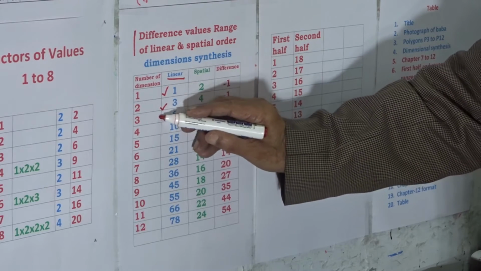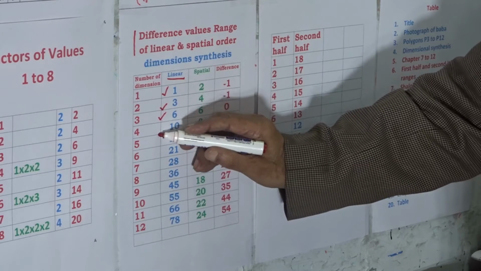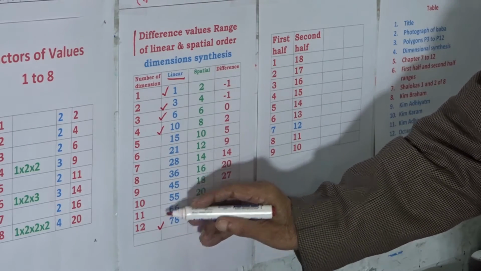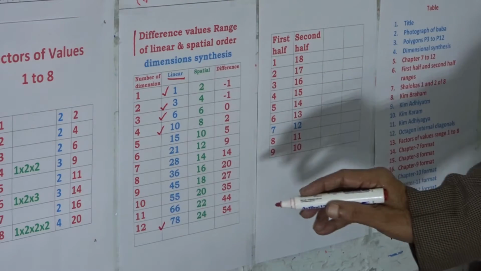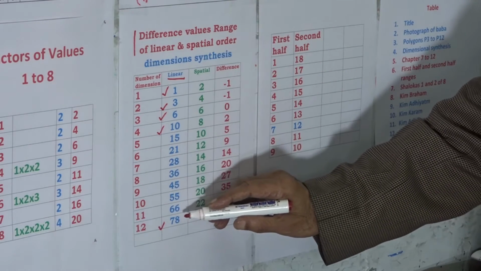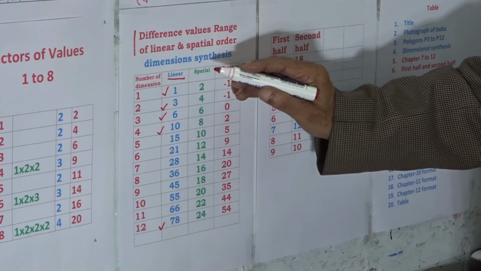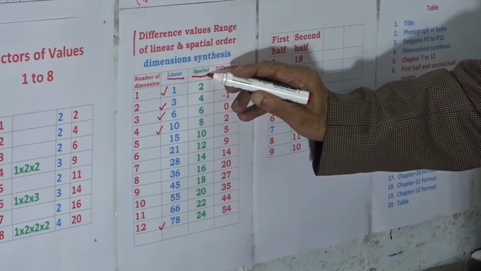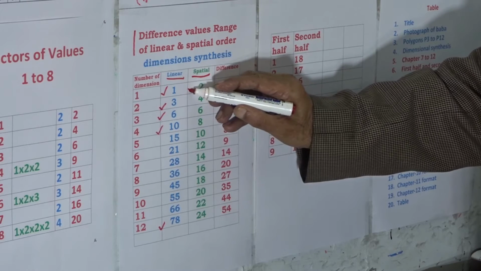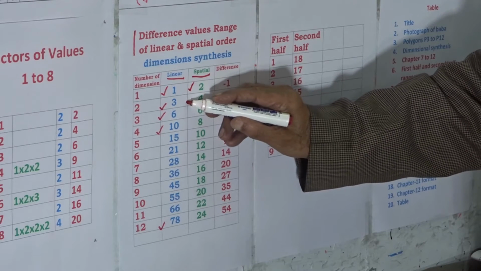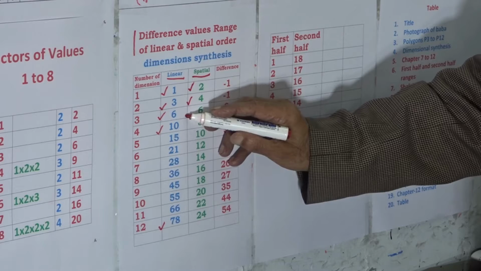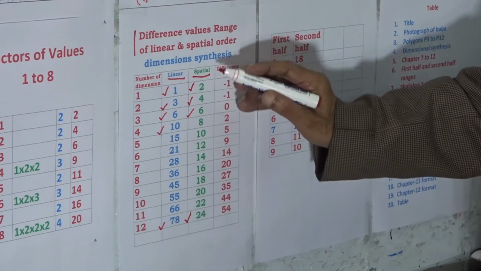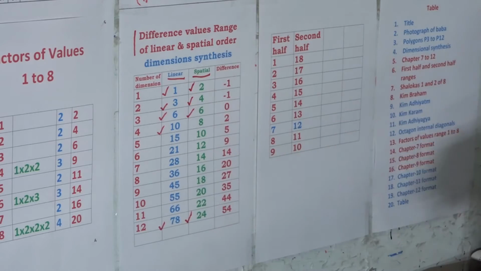The triple linear dimensions lead to value 6, quadruple lead to value 10, and like that up till 12 linear dimensions, the synthesis value reach would be at value 78. Now a step ahead, when instead of linear we have spatial dimensions, then the single spatial dimension will lead to value 2, a pair of spatial dimensions lead to value 4, triple lead to value 6. Like that, the 12 spatial dimensions will lead to value 24.